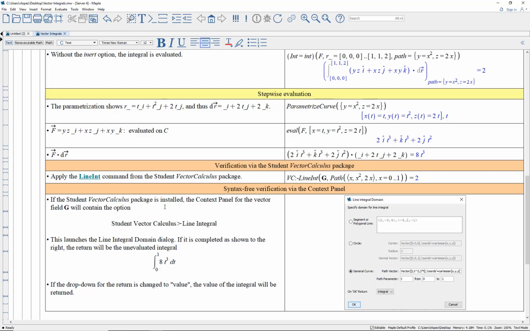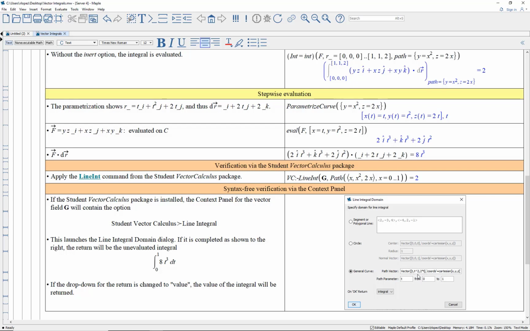Syntax free. You install the Student Vector Calculus package and define the vector field G. Right click on or bring up the context panel on the vector field. You see the option line integral. You get the line integral dialog, which is here. General curve. You give the path as this vector.